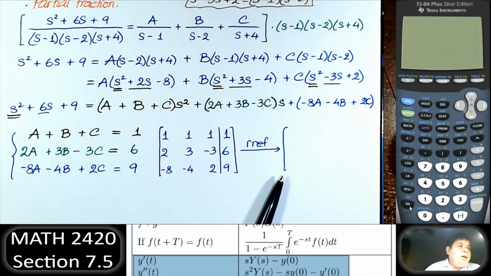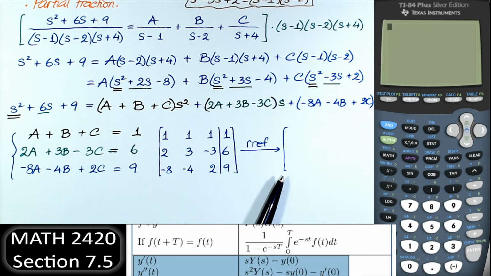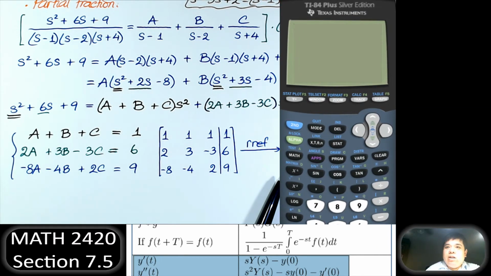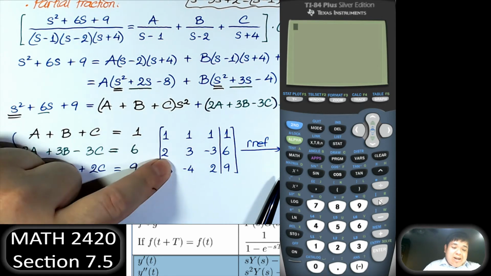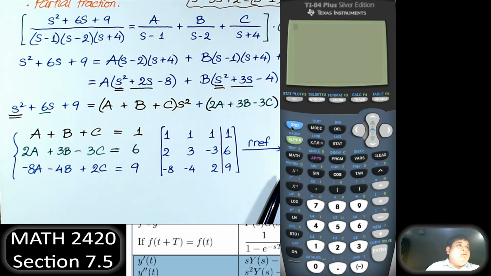Right, so let us move the calculator here so it's bigger. So that is the matrix. First, second matrix, I will reduce row echelon form first, and then apply it to the matrix.